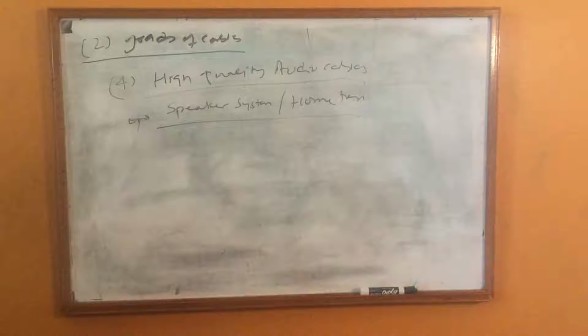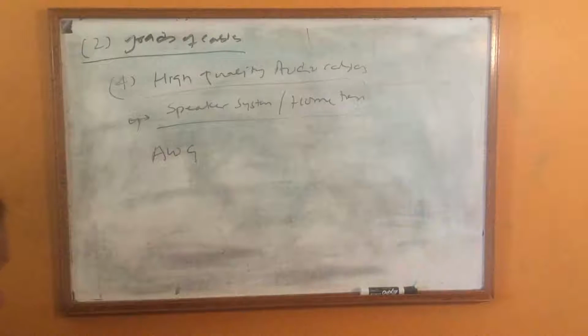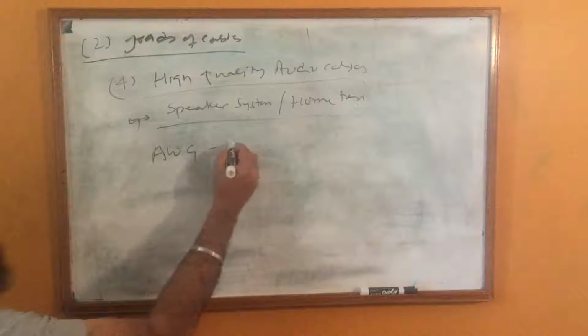Speaker cables come in different thicknesses, and there is a standard called AWG. It looks very fancy. It's called American Wire Gauge standards.